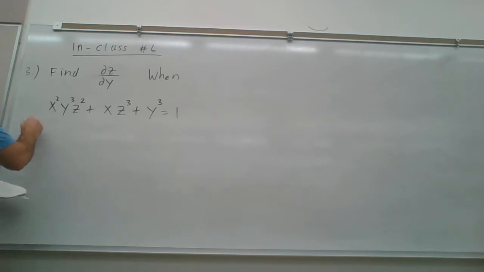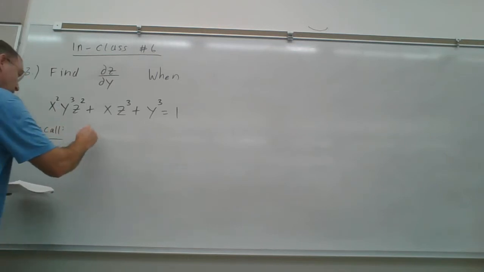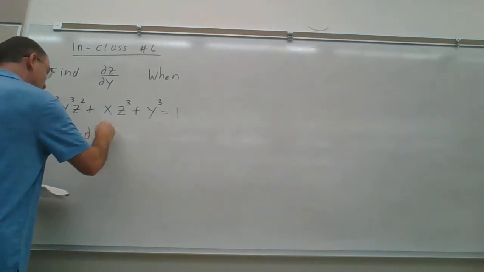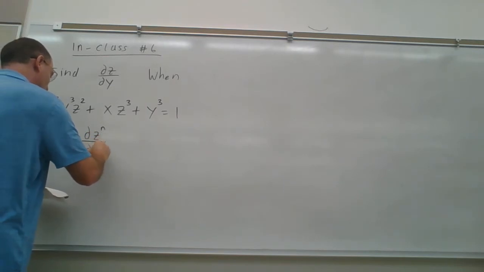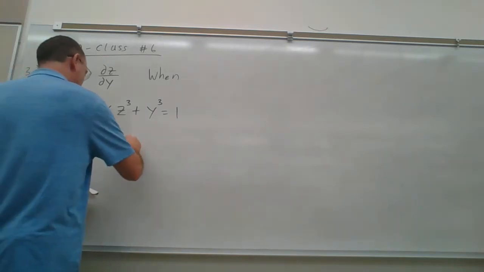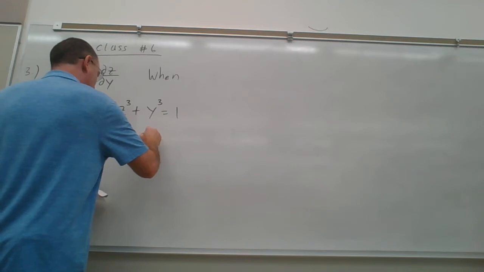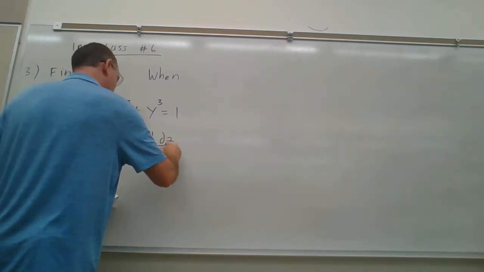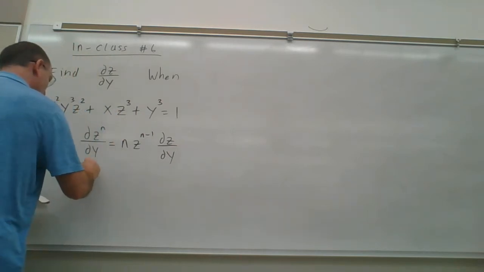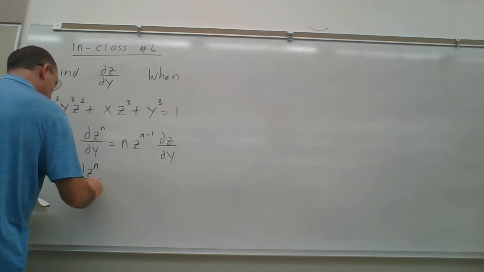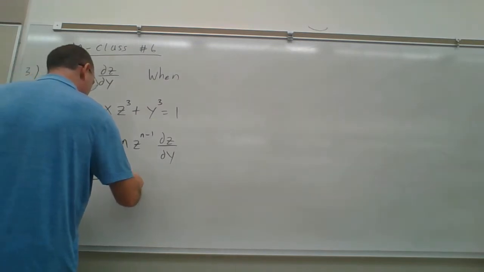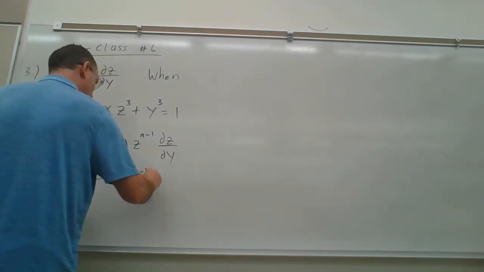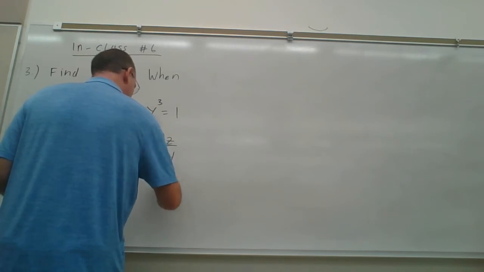So recall that the partial derivative of z to the n with respect to y would equal n z to the n minus 1 partial z with respect to y, and also the partial of z to the n with respect to x would be n z to the n minus 1 partial z with respect to x.